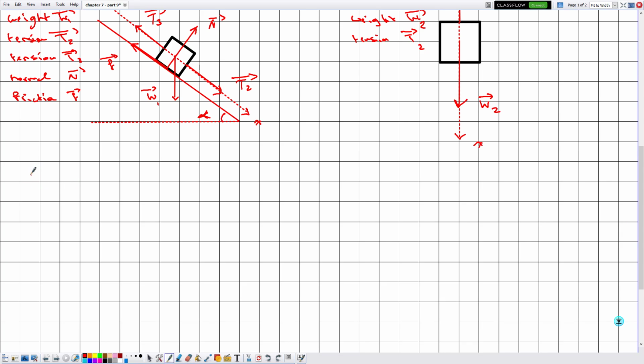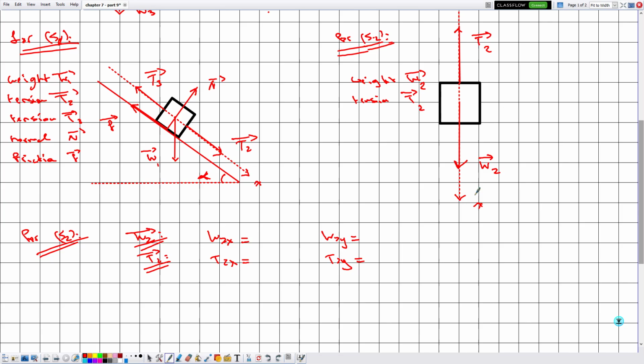Now for S2, what are the forces acting on S2? We have W2 and T2. So W2x, W2y, T2x, T2y. W2x is in the same direction, which is plus W2, and 0, minus T2, and 0. Now let's apply Newton's second law for S2.